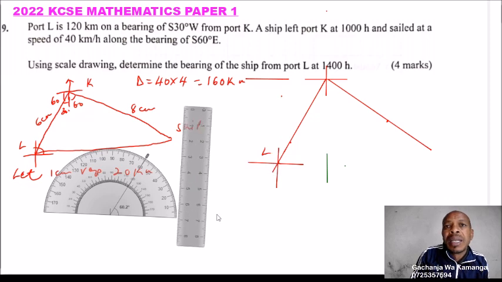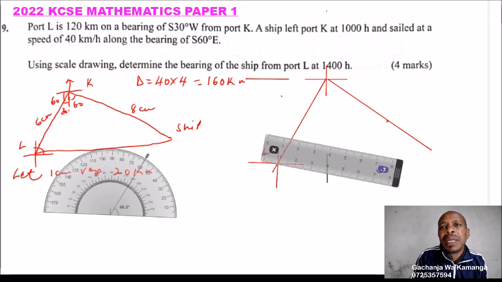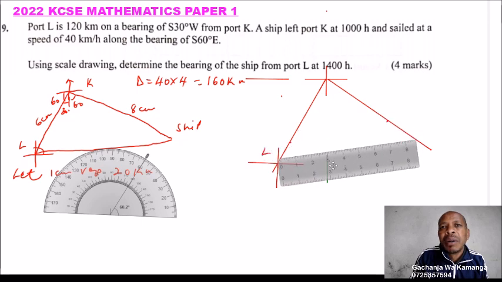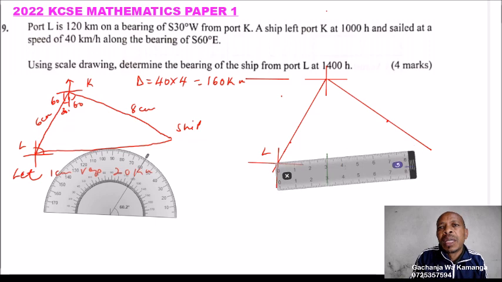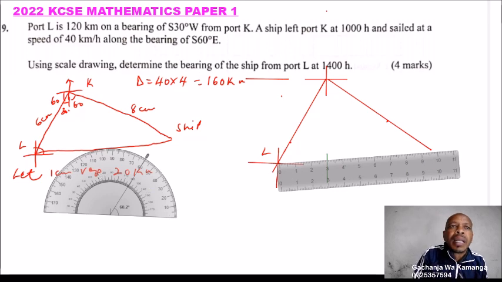Then from there we need to join now our line from where we have the ship, and we extend that. We need to draw that line. Then we join. Not like that.